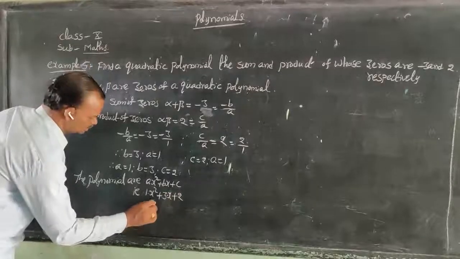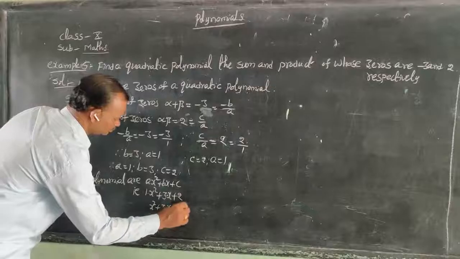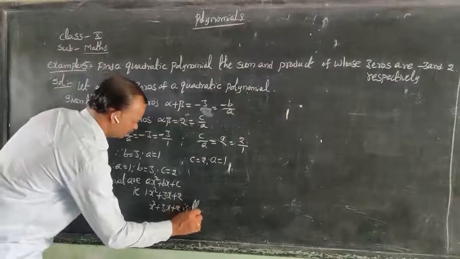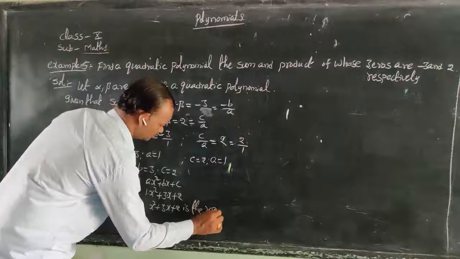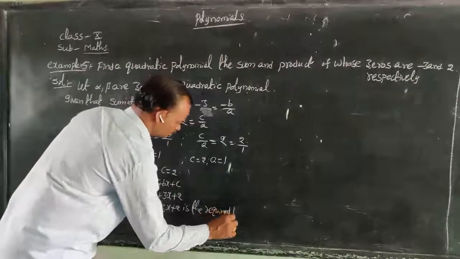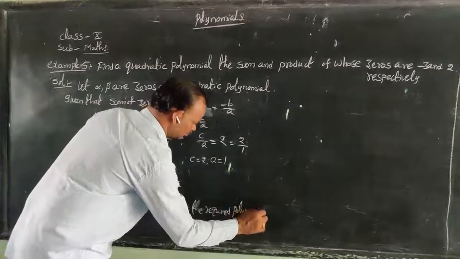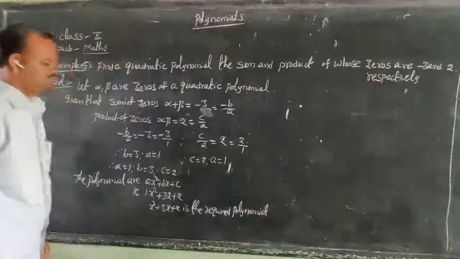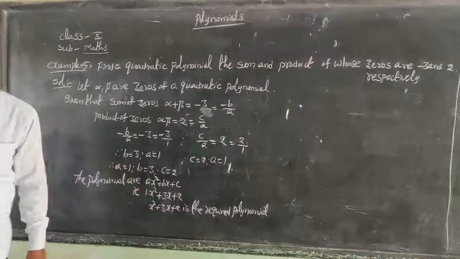That is x square plus 3x plus 2. This is the required polynomial.